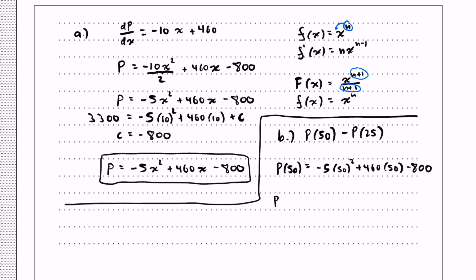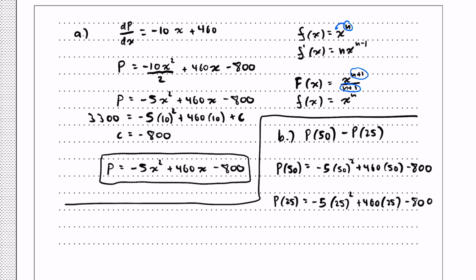I'm actually going to find P25 as well, and this is just going to be negative 5 times 25 squared plus 460, again substituting 25, and then we can find out P25 as well.